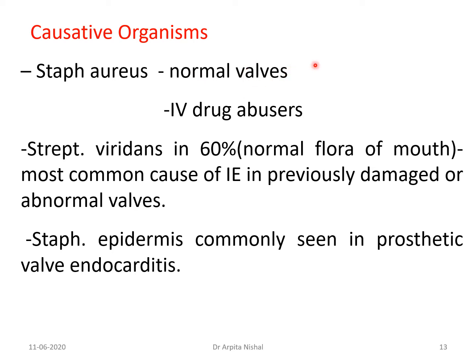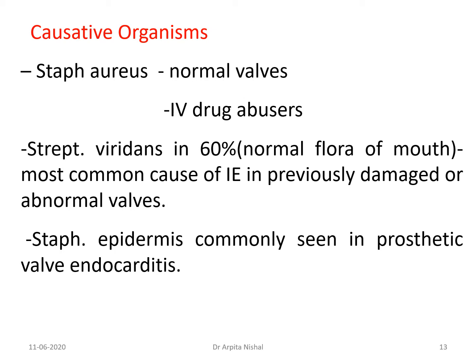Staph aureus is also responsible for causing infection in valves of IV drug abusers. So Staph aureus is the cause in normal valves and IV drug abusers. And I've already mentioned before that Staph aureus causes the acute type of endocarditis, and this occurs in around 20 to 30% of cases.